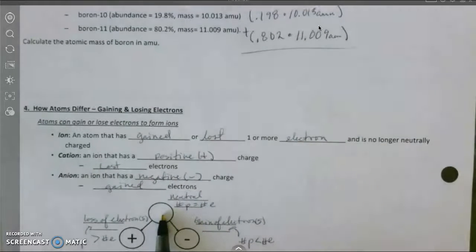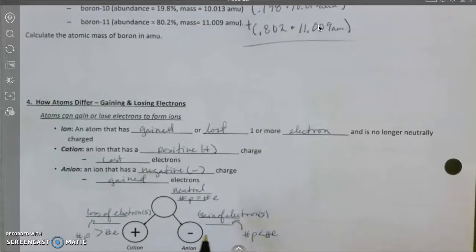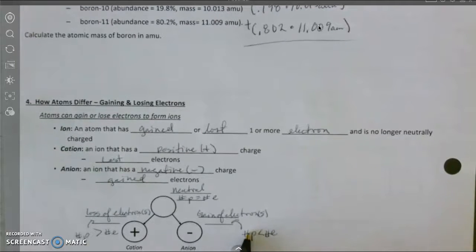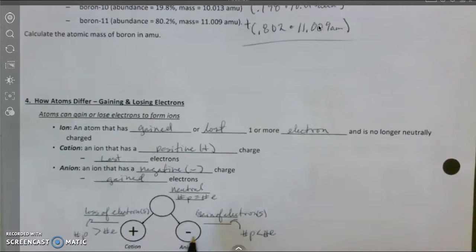So let's say we have this neutral atom, and then we gain an electron. Now, our number of protons and electrons are no longer equal. We have one more electron than we do proton, and so we have more negative electrons than protons, so my charge is negative, and that makes it an anion.